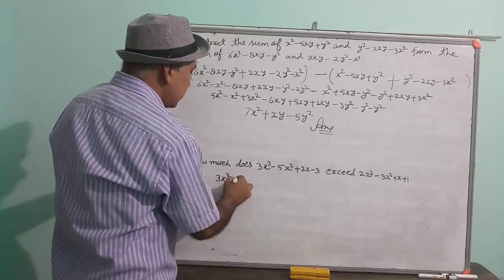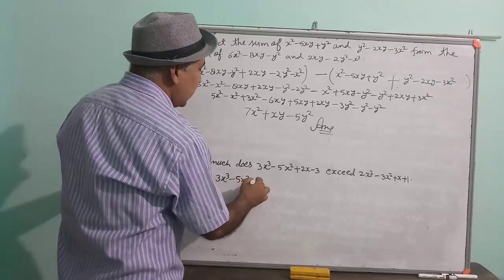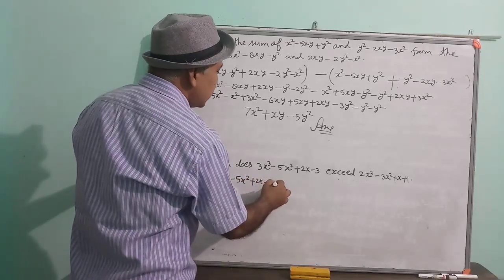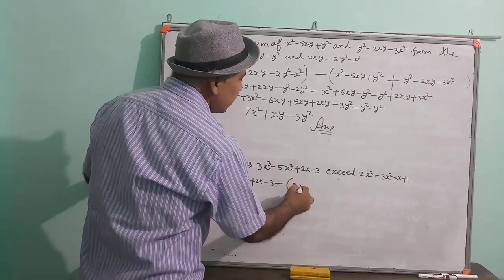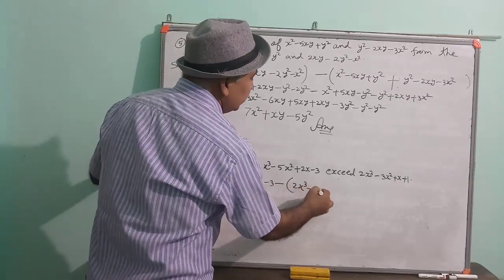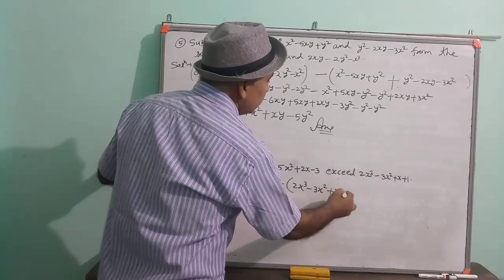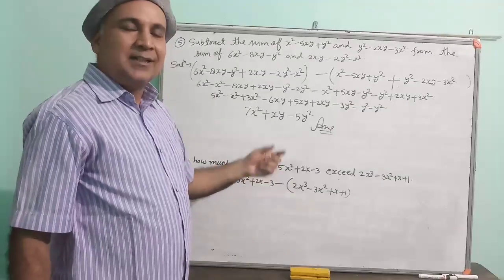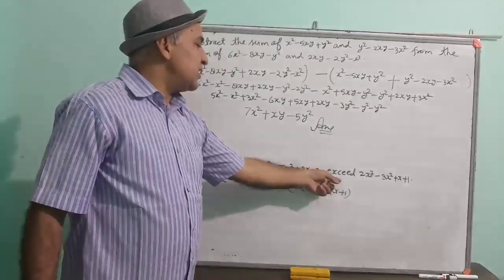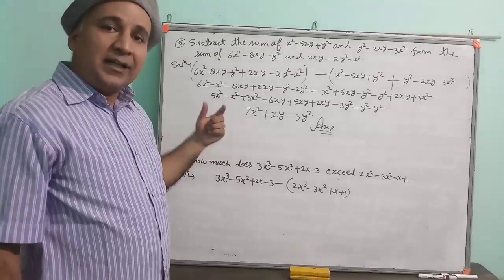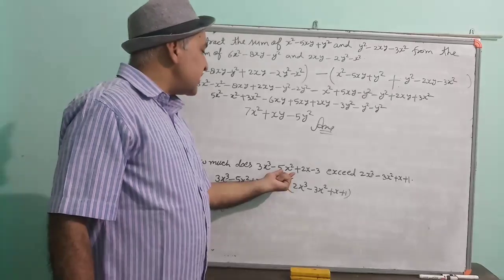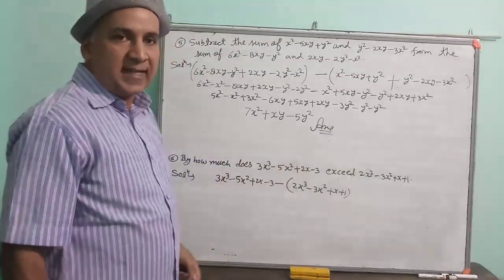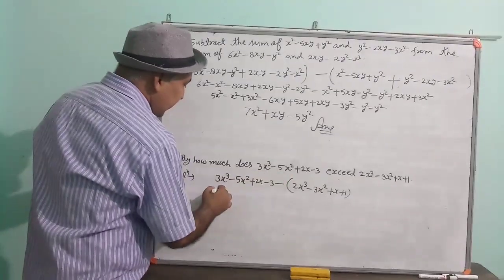From 3x cube minus 5x square plus 2x minus 3, we will subtract the second expression. If the exceed word comes in the question, then it's very easy. At the place of exceed, put minus. And the meaning is how much first expression is more than the second one. Okay. Now solve and get your answer.